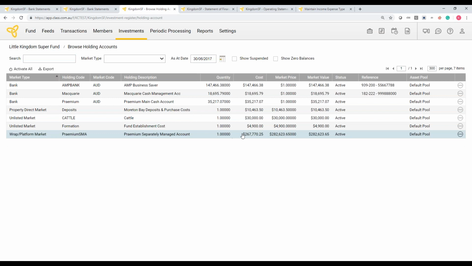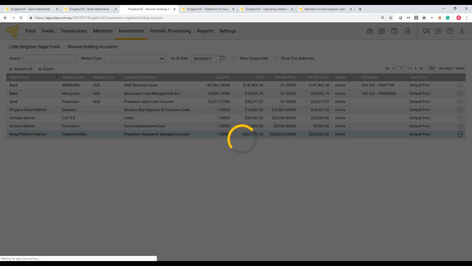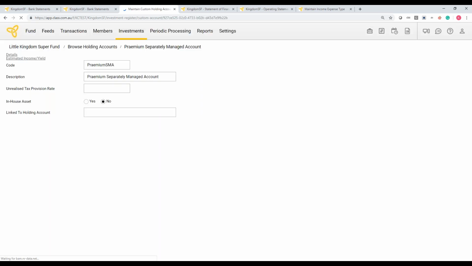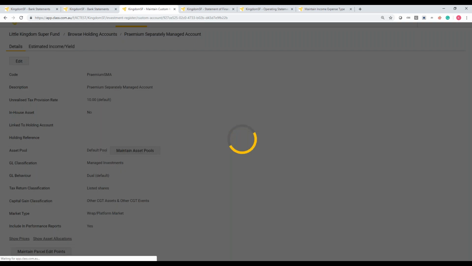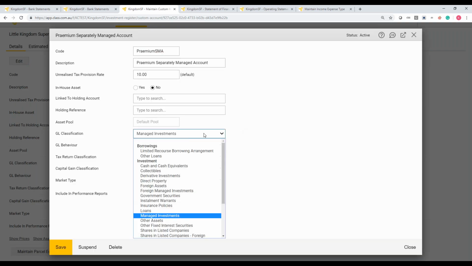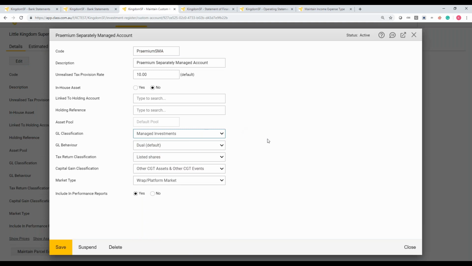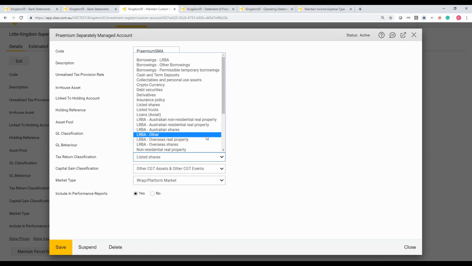Now, I'll quickly show you how we actually set it up. Okay, let me just edit this. Now, general ledger classification, you can choose listed shares or, personally, I prefer managing investment. Tax return classification, again, you need to look at the underlying asset classification or asset allocation of that SMA. If the majority is shares, you can create as listed shares.